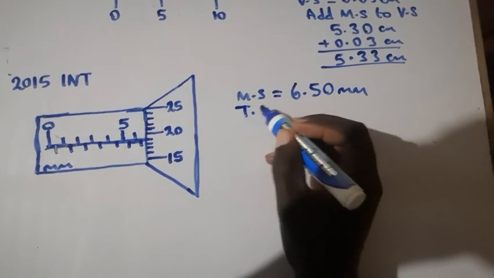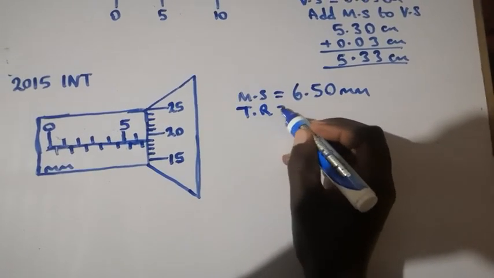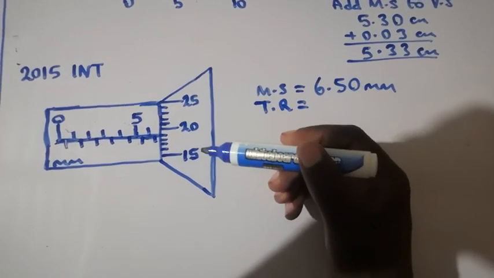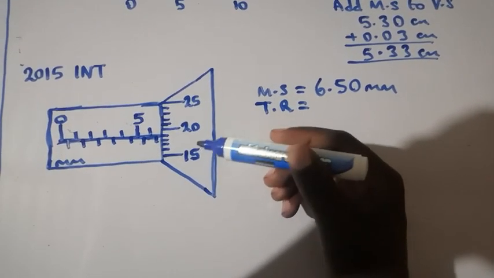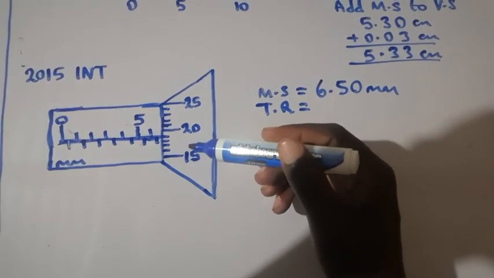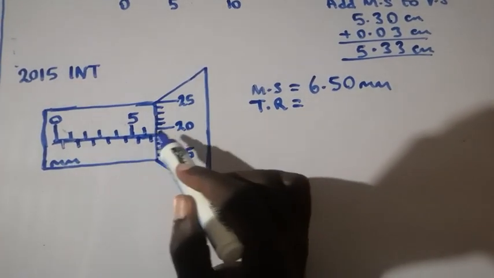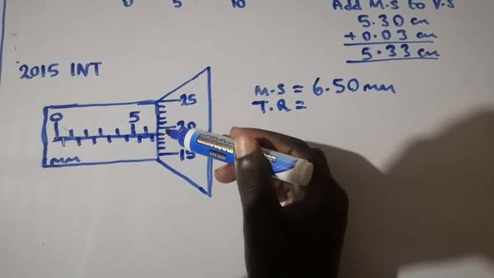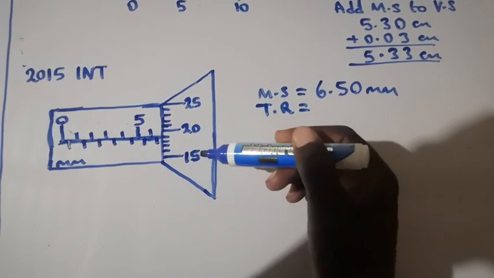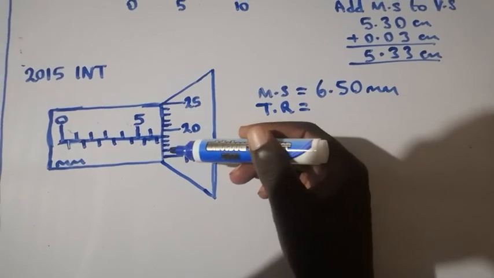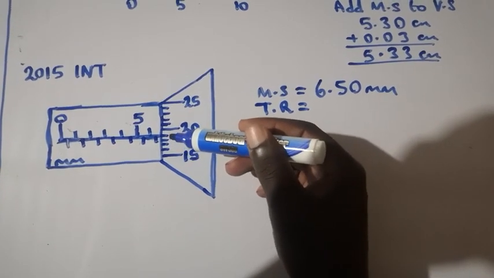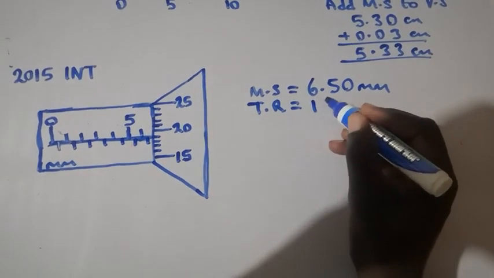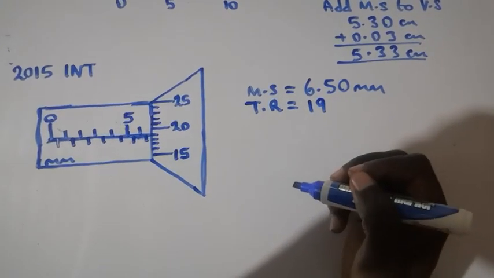Then we go to the thimble reading. For the thimble reading, we have to look for the mark that is passing direct into the boundary of the main scale, or that is coinciding. So it's this one. We count from 15, 16, 17, 18, 19. So the mark that is coinciding is 19.